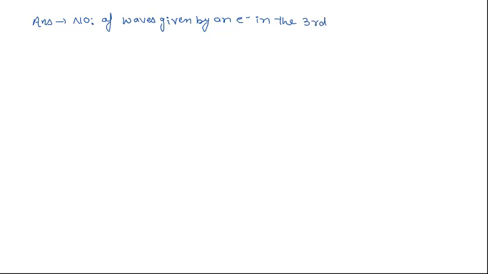Let's solve it here. So what is our question? Our question over here is the number of waves given by an electron in the third orbit of Bohr atom, right?